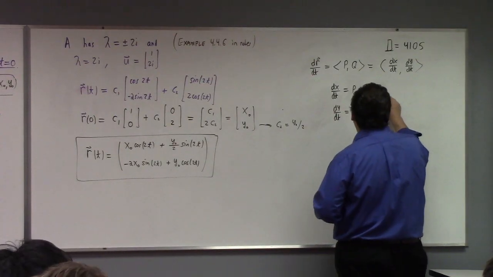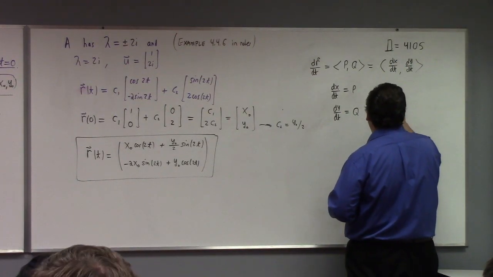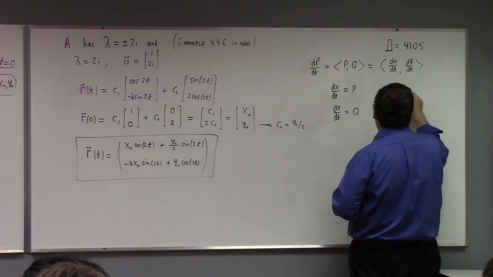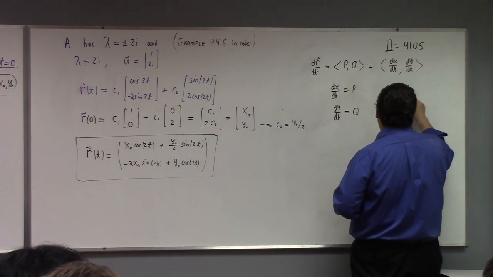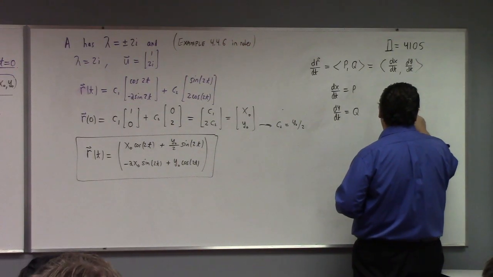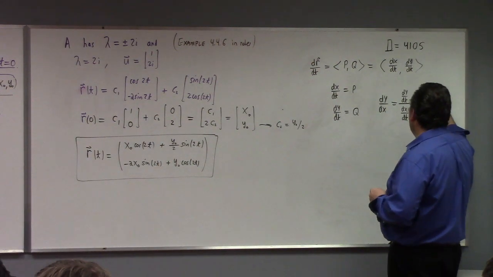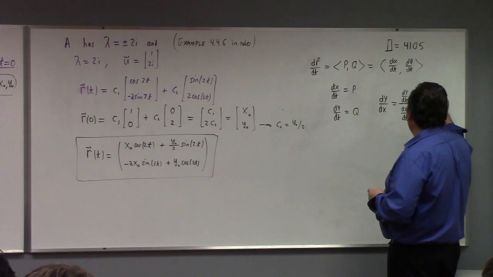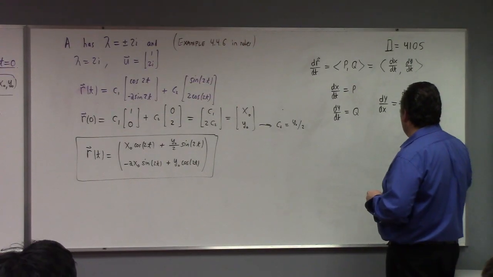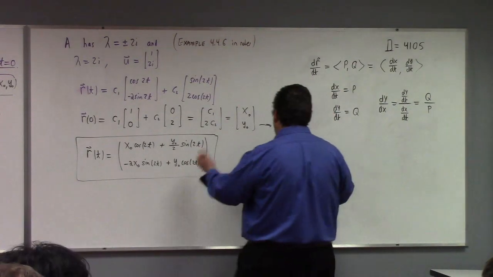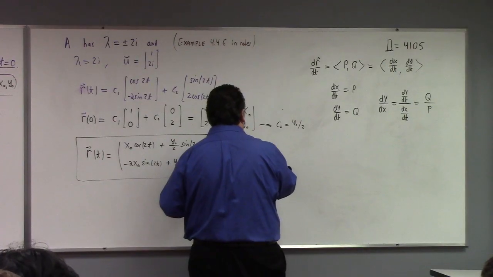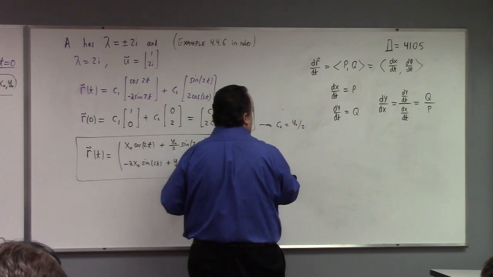And so what I did was, dy dx we can look at as dy dt over dx dt, if we think about the connection between a parametrized curve and its corresponding Cartesian equivalent. But dy dt was q and dx dt was p, so if we were just interested in the Cartesian equation, we can solve dy dx equals q over p.